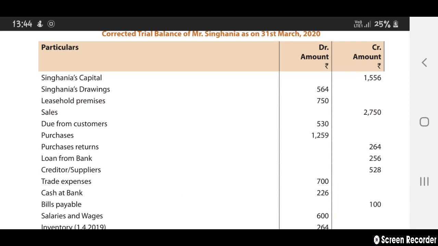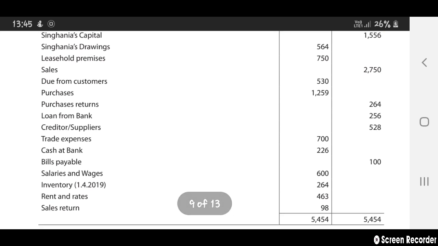Singhania's capital 1556 credited, drawings 564 debited, leasehold premises 750 debited, sales 2750 credited, due from customers 530, purchases 1259 debited, and purchase return 264 credited, loan from bank 256 credited, creditors 528, trade expenses 700 debited, cash at bank 226 debited, bills payable 100 credited, salaries and wages 600 debited, inventory 264 debited, rent and rates 463 debited, sales return 98 debited.